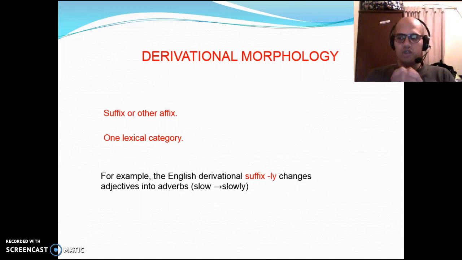Such an affix usually applies to words of one lexical category, part of speech, and changes them into words of another such category. For example, the English derivational suffix -ly changes adjectives into adverbs: slow, slowly.